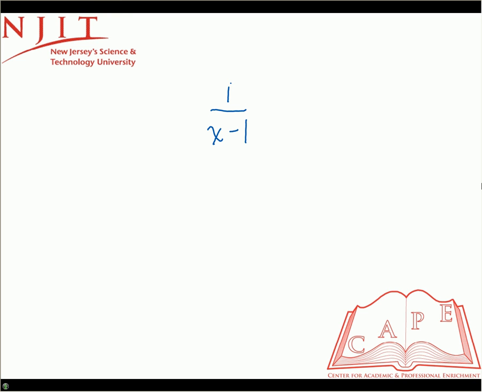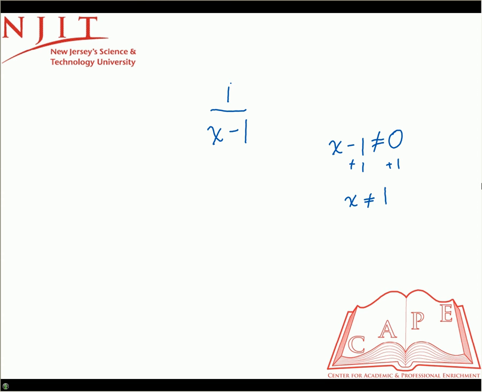So the way that you can write this out is that x minus 1 cannot be 0, right? Because if x minus 1 becomes 0, then the whole thing becomes undefined. So then if we solve for x by adding 1, we simply get that x can't be 1.